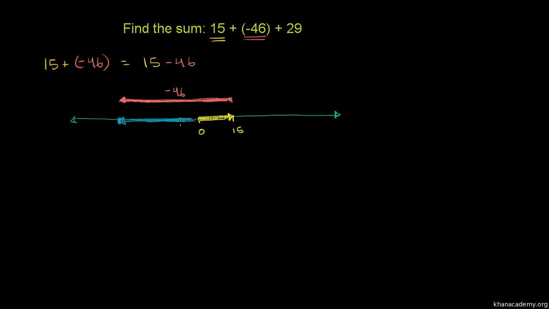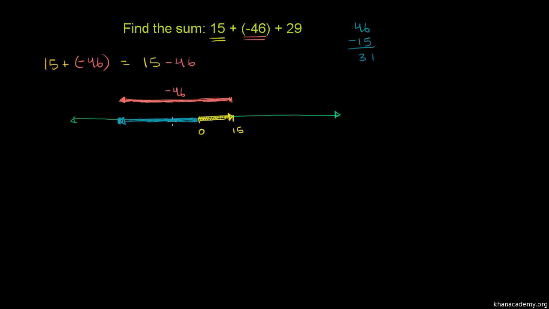And just visually, how could we figure out the length of this blue part if we know the length of this orange part and we know the length of this yellow part? Well, it's just going to be the difference of these two. So the absolute value of the sum is going to be the difference between this length, 46, and 15. 46 minus 15. 6 minus 5 is 1. 4 minus 1 is 3.